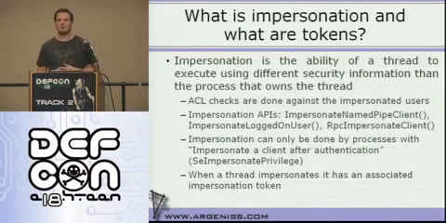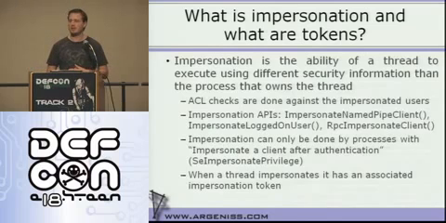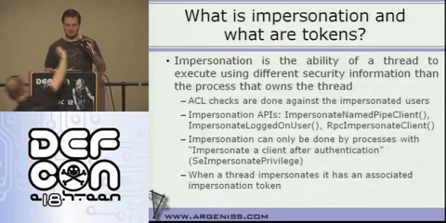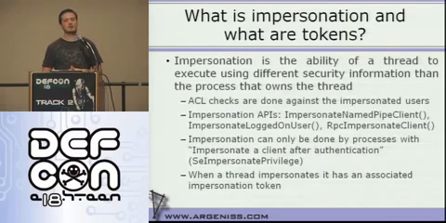Let's see some theory first about what impersonation is and what tokens are. Impersonation is, we can say, when a thread can act as if it's running under another user account, different from the process that owns the thread. For instance, we have a process that is running under the network service account, so that process can impersonate.